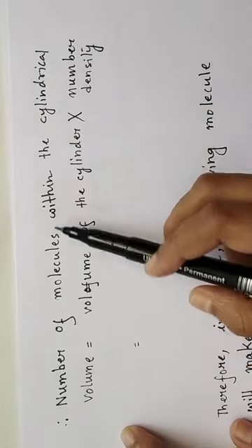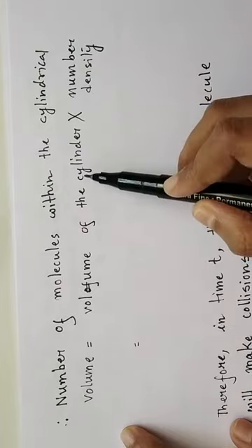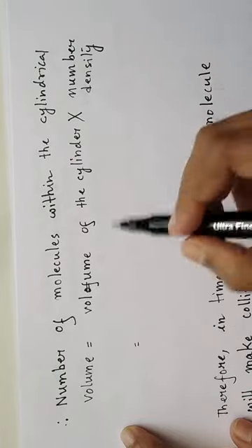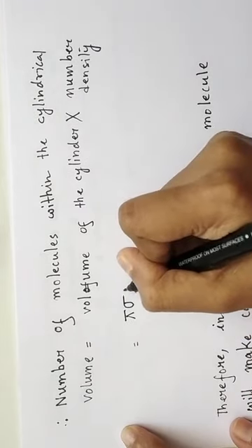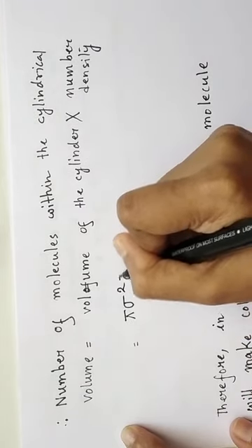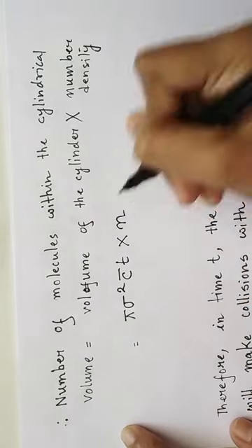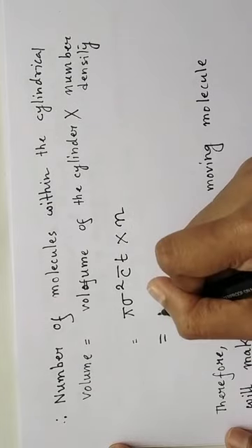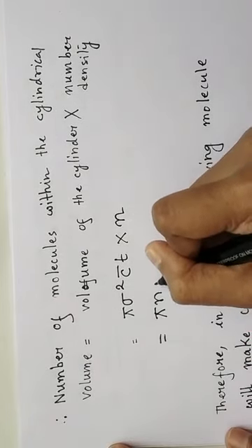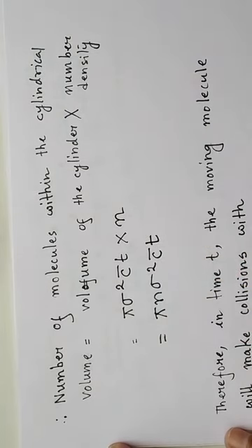So the number of molecules within the cylindrical volume is the product of the volume of the cylinder and the number density. The volume of the cylinder we just calculated: it is pi sigma square c bar t, multiplied by the number density n. So it is pi n sigma square c bar t.